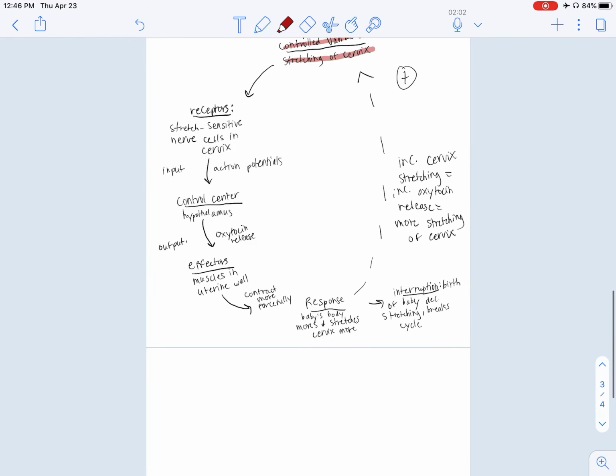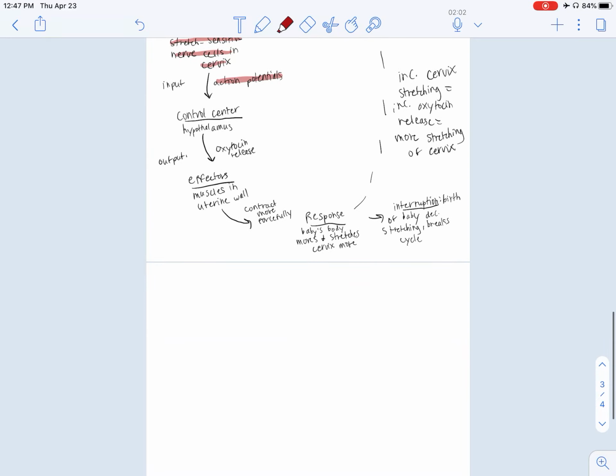The receptors are stretch-sensitive nerve cells in the cervix. That leads to an increase in action potentials. And our control center in the brain, the hypothalamus, is going to cause oxytocin to be released into the body and then into the bloodstream.